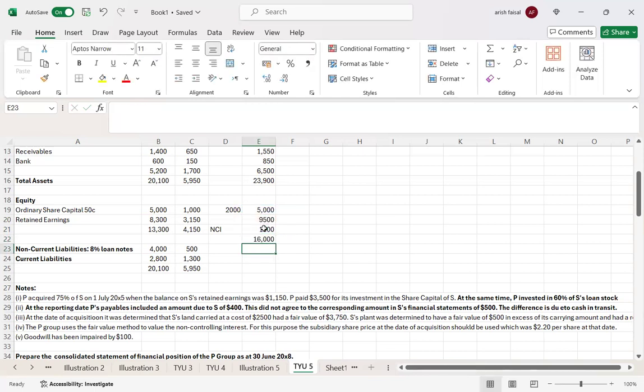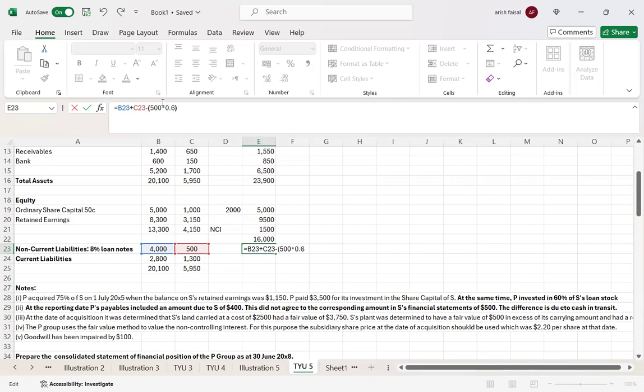Okay. Then you have your non-current liabilities. I told you that parent liabilities will be shown, but what is within the parent and subsidiary would be removed. So you have to take 500, but then you have to subtract 500 into 60 percentage, because that's just within the group we owe that amount. So we don't have to disclose it in the consolidated statement of financial position because those amounts are being owed within the group.